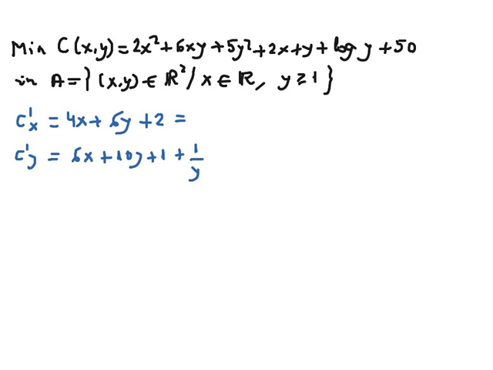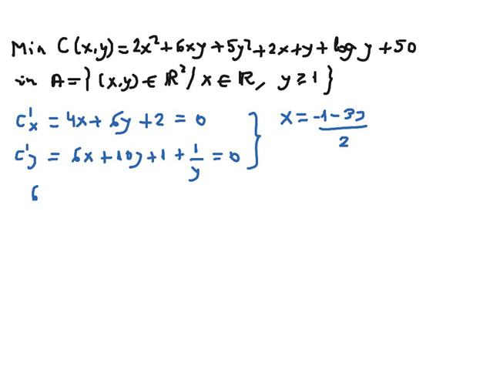I make these expressions equal 0 to calculate the critical point, and now I solve the system. I clear, for example, x in the first equation, and I get minus 1 minus 3y divided by 2, and now I replace x in the second equation.